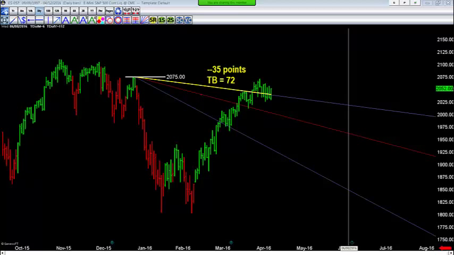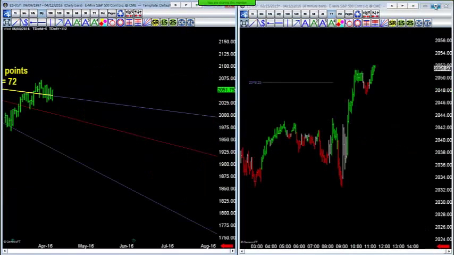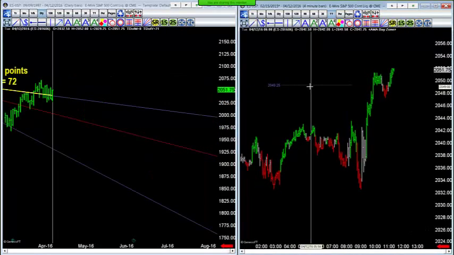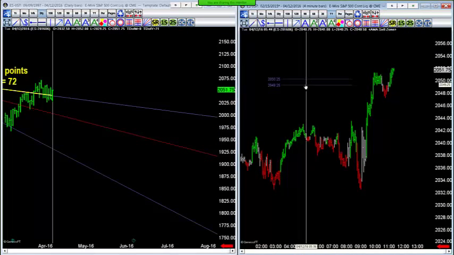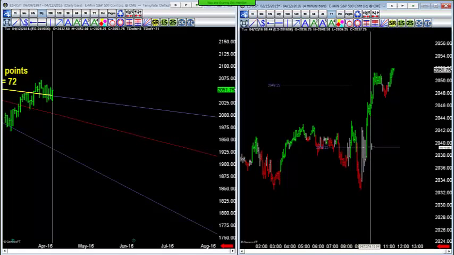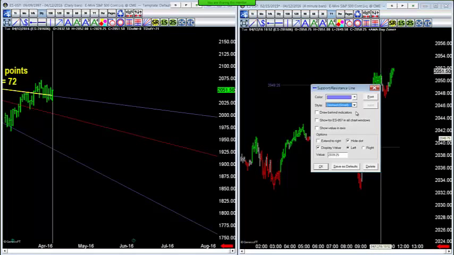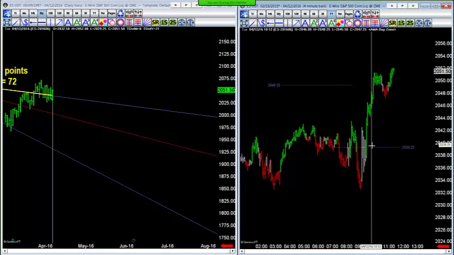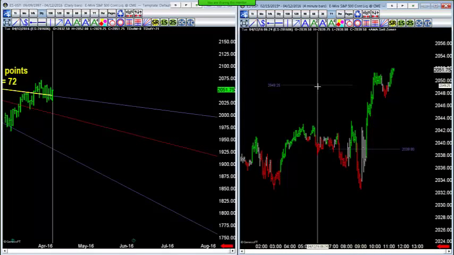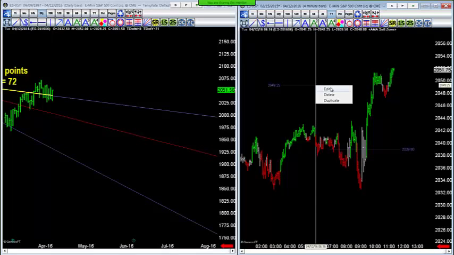That price is $20.39. So I come over here, and I'm going to put these out to the right. I'm going to put this at 20.39. Okay? So now you have the first angle on there.